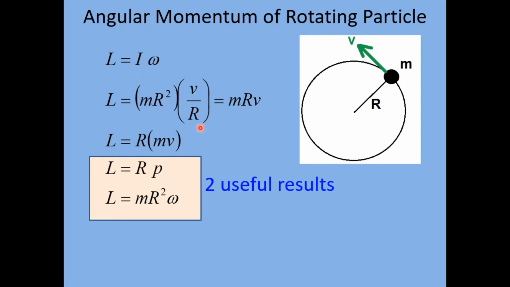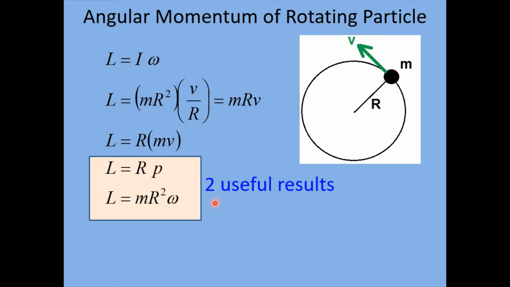Now we can rewrite this. We can put the r in front, and we have mass times velocity. Well, mass times velocity is the momentum of this particle, the linear momentum. So interestingly, for this case here, the angular momentum L is equal to the linear momentum p multiplied by the radius r.